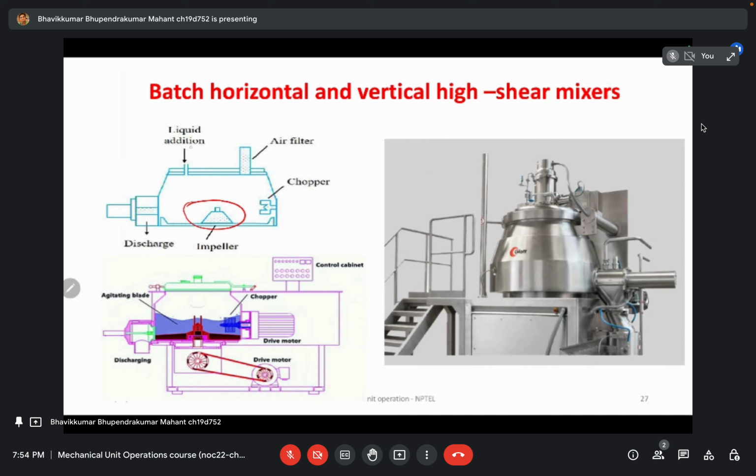The motor and impeller are placed vertically, and the liquid and chopper are there, an air filter is there. You just feed the material, it is mixed, and then it is discharged. This is how it looks, and this is the original photo of the vertical high shear mixer.